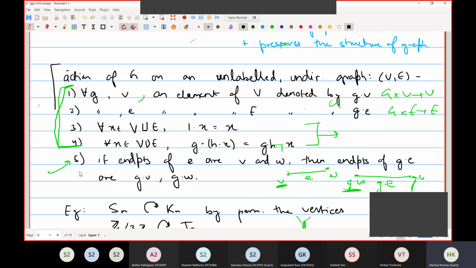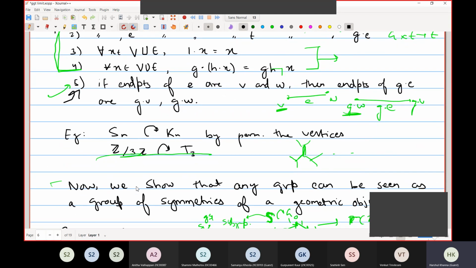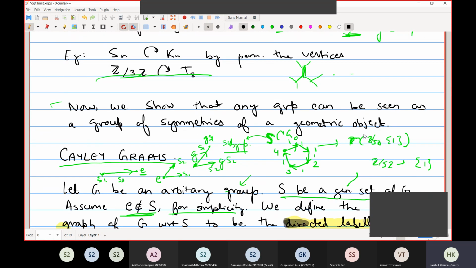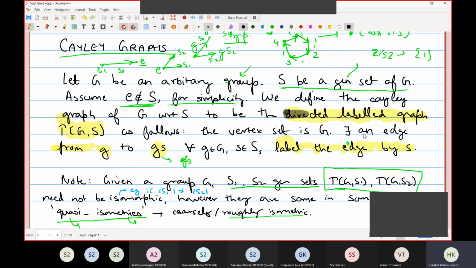So that's encoded in the fifth point here, that if the endpoints of E are V and W, then the endpoints of G dot E are G acting on V and G acting on W. And we saw some examples: Sn acting on Kn, Z mod 3Z acting on the infinite tree with valence 3. And we turned to Cayley graphs.